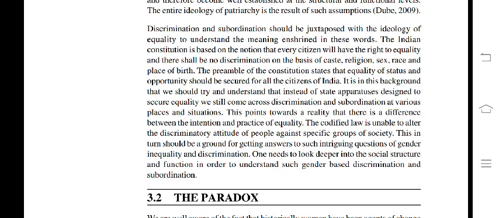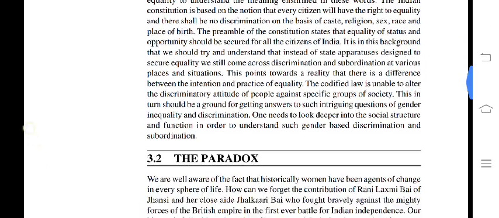This in turn should be a ground for getting answers to such intriguing questions of gender inequality and discrimination. One needs to look deeper into the social structure and function in order to understand such gender-based discrimination and subordination.